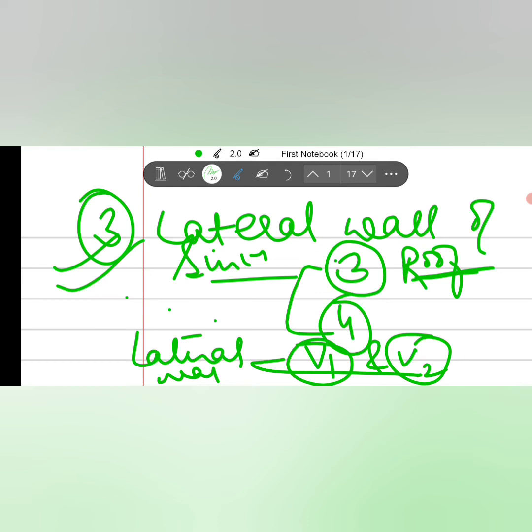And these V1 and V2 enter through the lateral wall by piercing the lateral wall and enter into the sinus. And V1, that is the ophthalmic division, supplies the orbit, so it enters the superior orbital fissure. And V2 gives supply to the face, so it won't enter the superior orbital fissure.